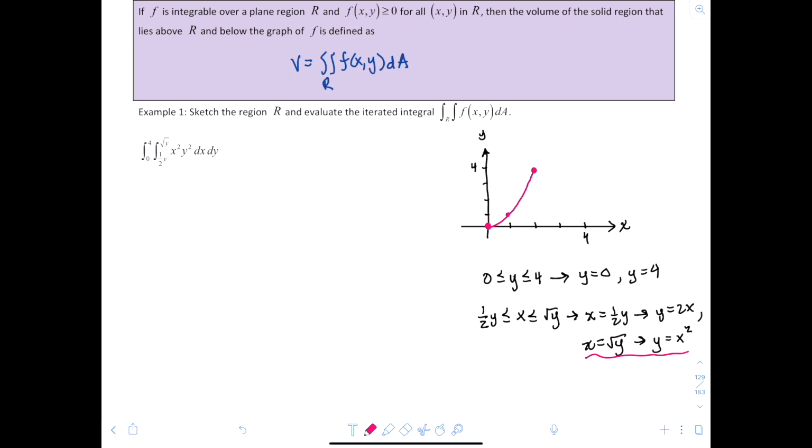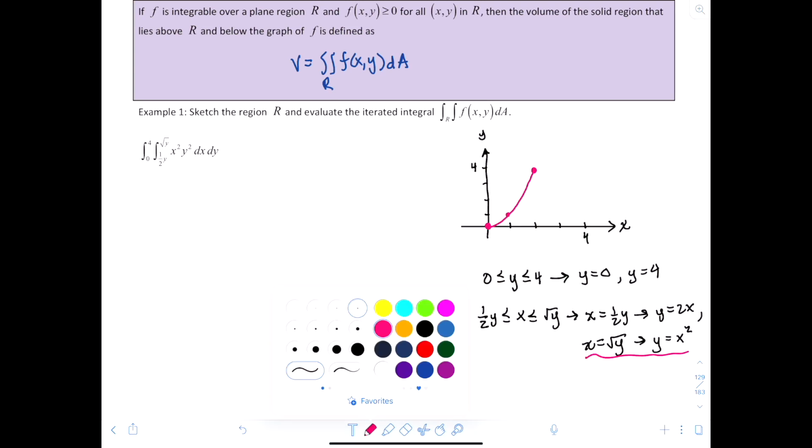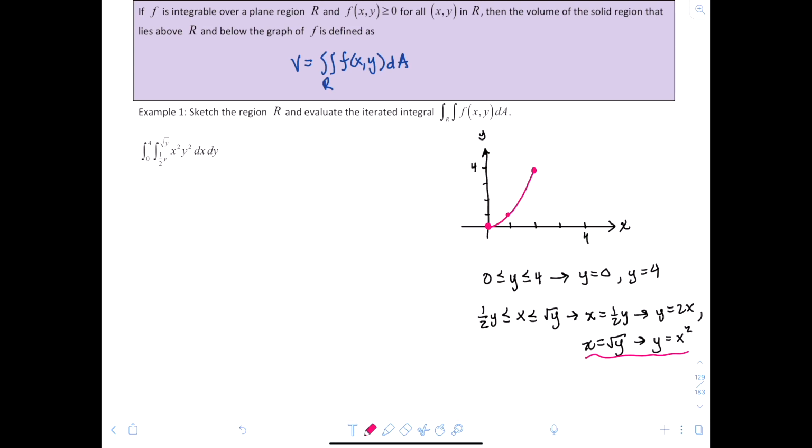And then the other one is going to be this one right here, y is 2x. So again, you've got a point at 0, 0 and a point at 2, 4, and these would just connect. Cool so far?